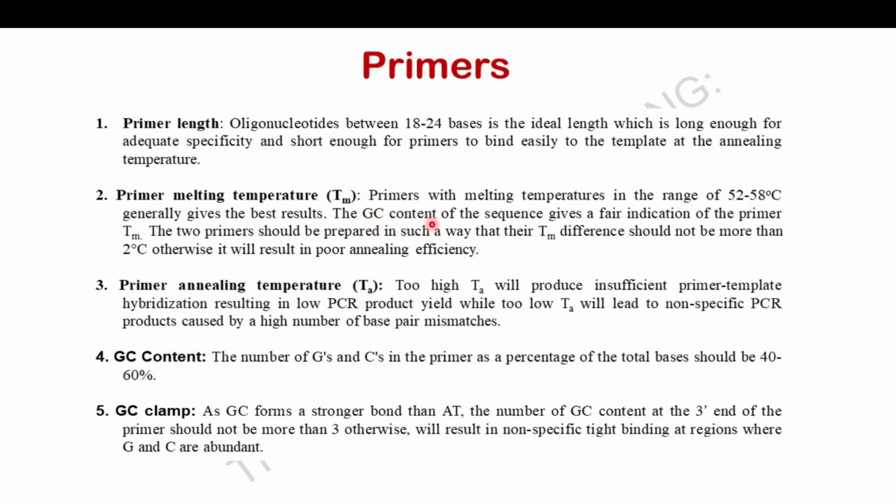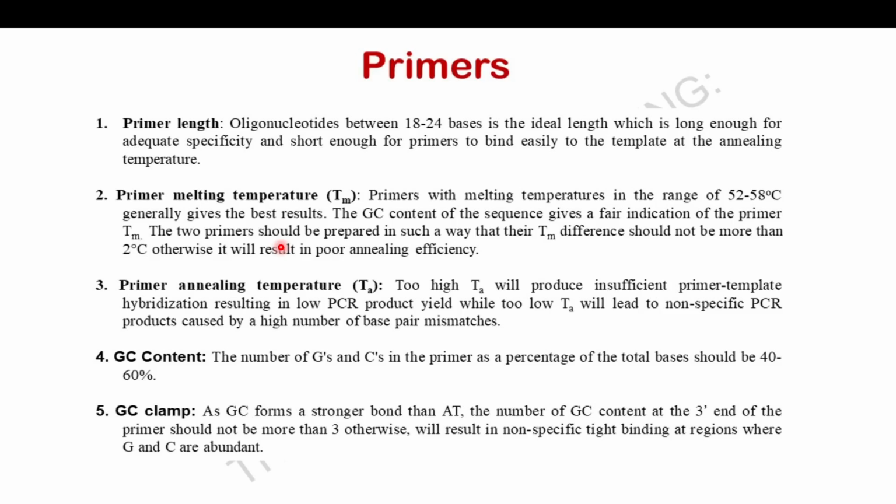So the GC content of the sequence gives a fair indication of the primer Tm. If the GC content is too high, the primers can anneal by themselves, forming a primer dimer.